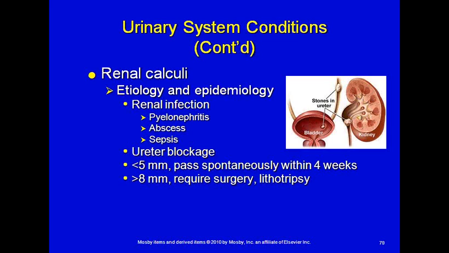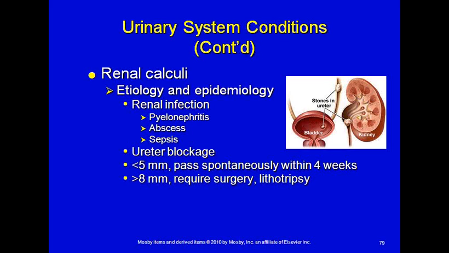The epidemiology and etiology of kidney stones might be the result of a renal infection like a pyelonephritis or an abscess or even sepsis, which increases the risk of an increase in the formation of kidney stones.